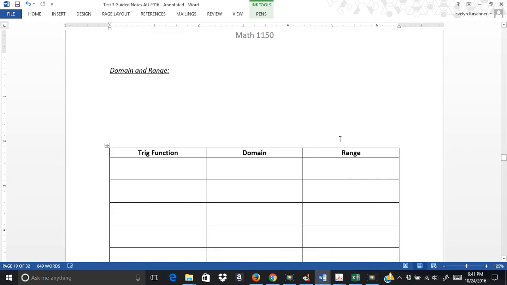Okay, so now let's think about our domains and ranges. We said that for sine and cosine, the domain is everything, and for the range it goes from -1 to 1. For cosecant and secant, it's kind of the same thing. I have 1 over sine and 1 over cosine, and remember, whenever that's 0, it's undefined.